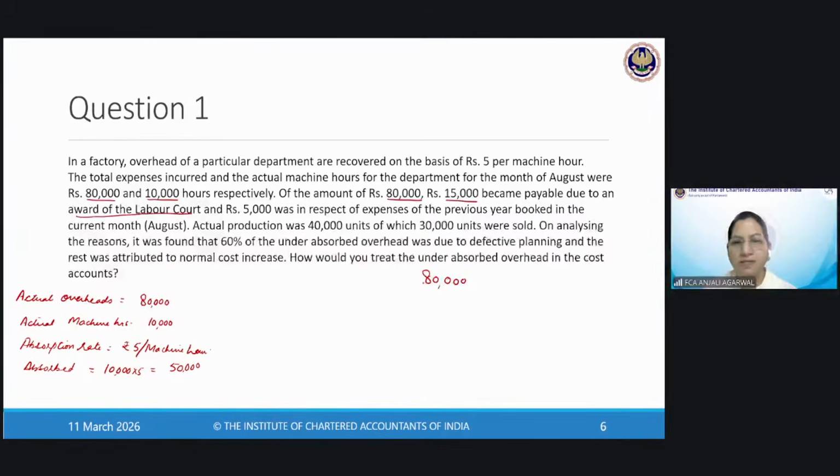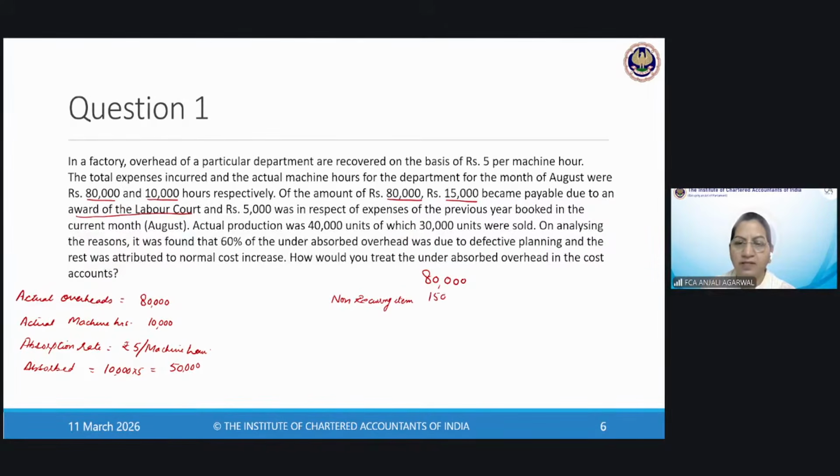That's why in this particular month, the expenditure turned out to be 80,000. Not every month will have an award. It's just an extraordinary item which happens once in a while. So this is a non-recurring item.